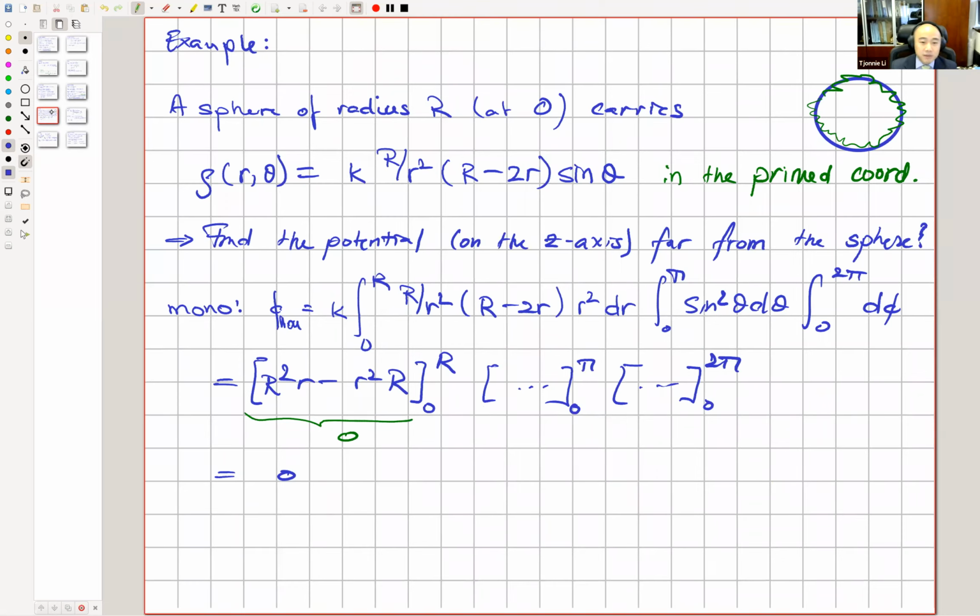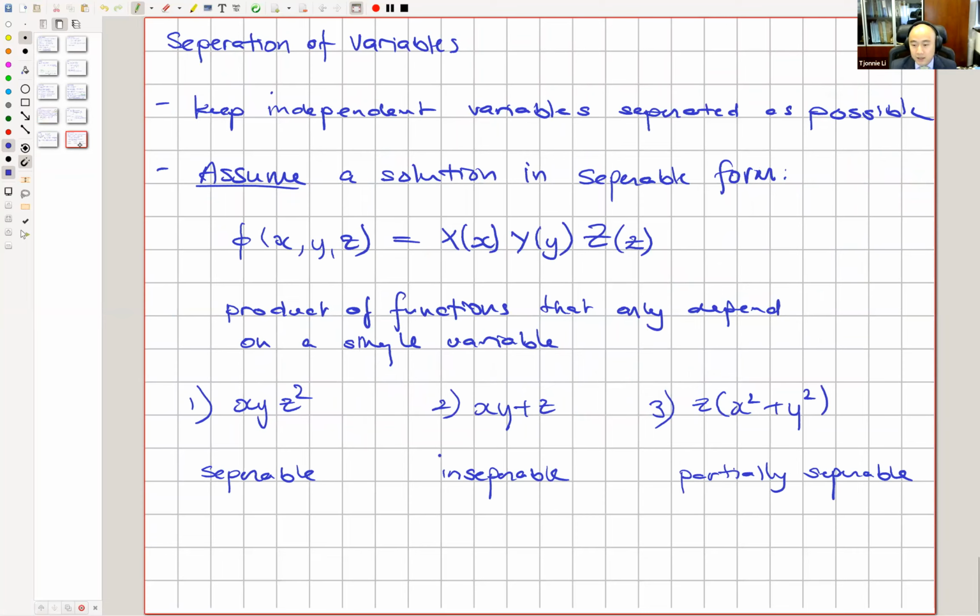But if I have something that wouldn't be separable, then I don't expect the system to have a high degree of symmetry. So what you'll often see is when we look at certain symmetries in the problem, that is usually the case.